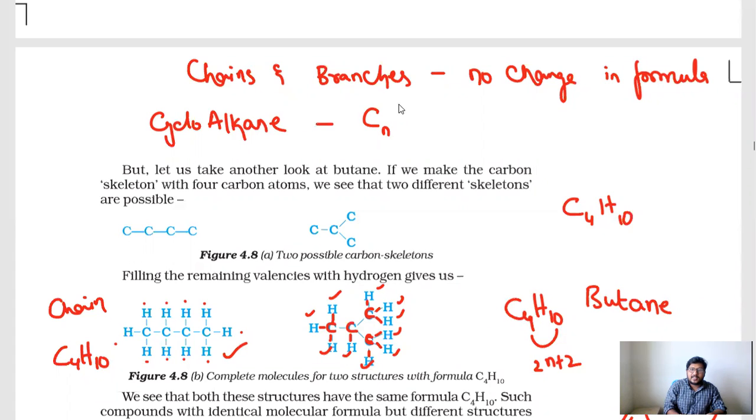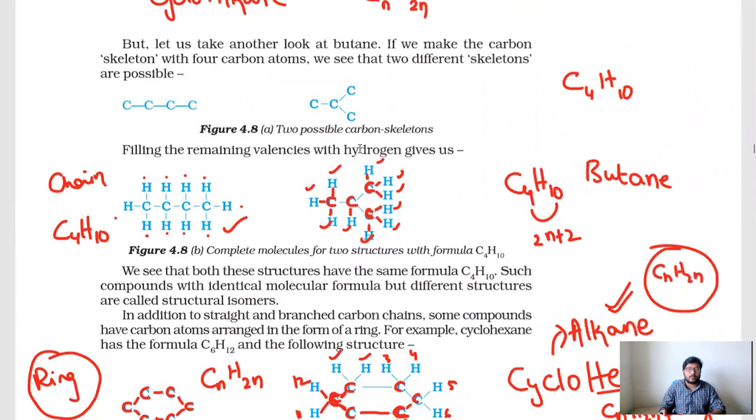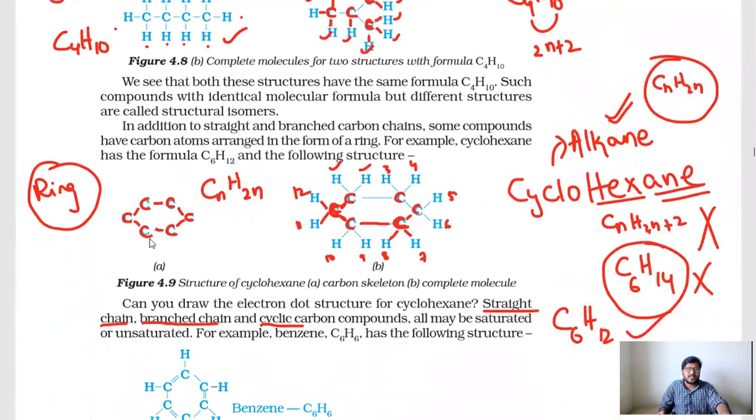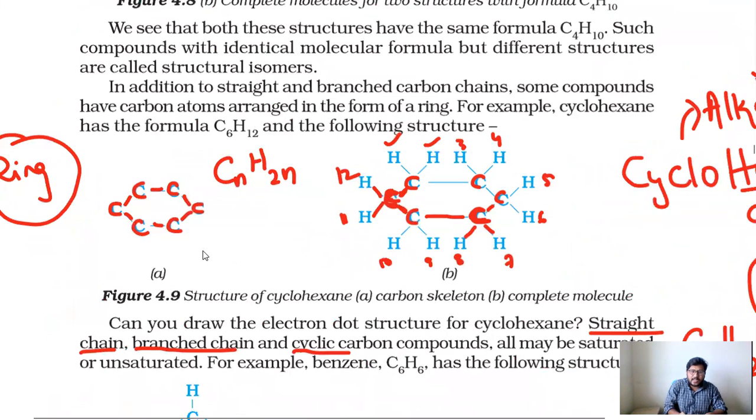That is CnH2n. Because, why? Because you see, in case of chains, consider 6 carbons, 1, 2, 3, 4, 5, 6.